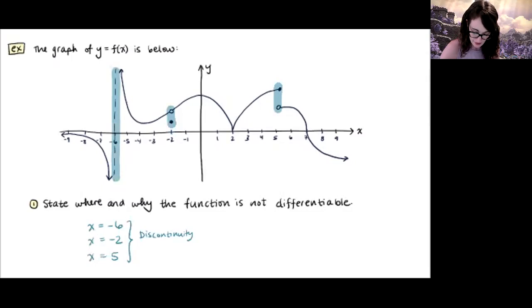Okay, let's look back at our reasons why a function fails to be differentiable. So the first one was a discontinuity. The second one was a vertical tangent line. So if you're going along this function, you can find the slope anywhere here. You can find the slope anywhere here. Right, we already identified that as a problem. Here we might have a cusp, that's not a vertical tangent line.